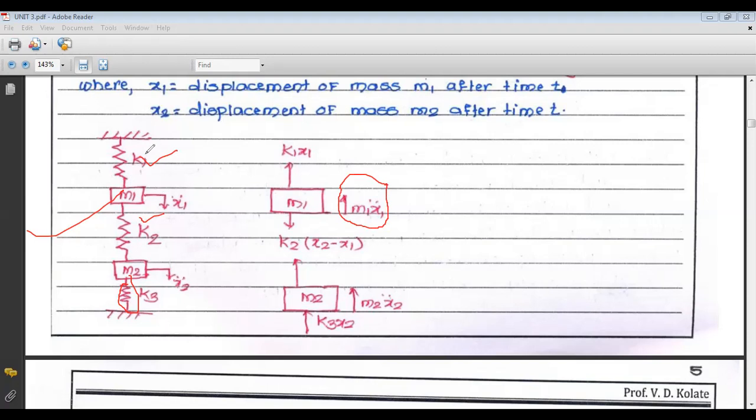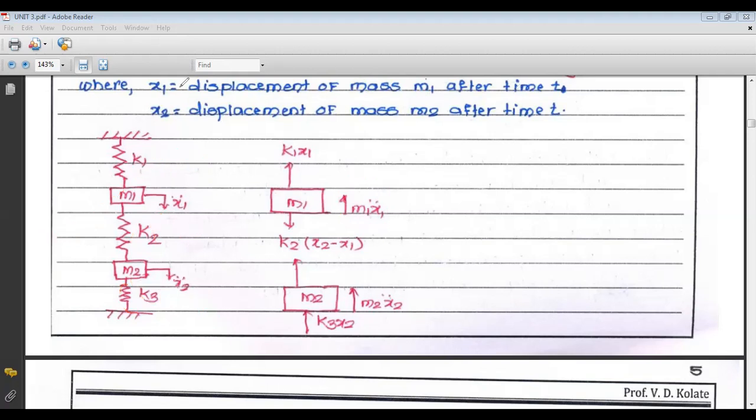We have considered this spring as K1, this spring as K2, and this spring as K3. Now, as per our problem, this K1 is the same as K1, this K3 is given as K2, and this K2 is taken as K. But we started with our general problem statement having K1, K2 and K3.